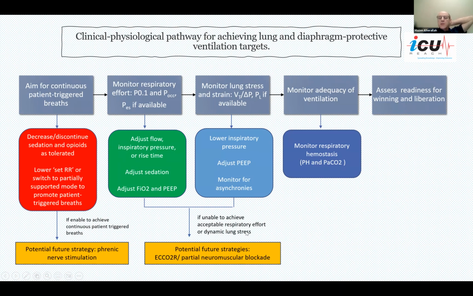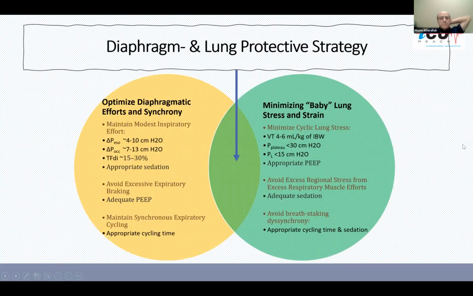It did not improve outcome. And then monitor adequacy of ventilation, monitor respiratory homeostasis. This is the goal. We need a normal pH and PCO2 and the ability to oxygenate adequately, and then assess readiness for weaning, and liberation.